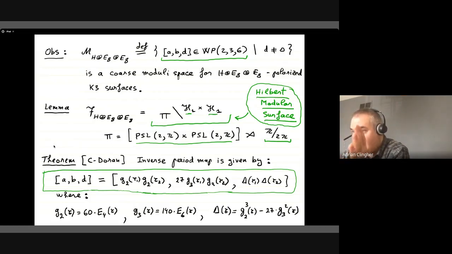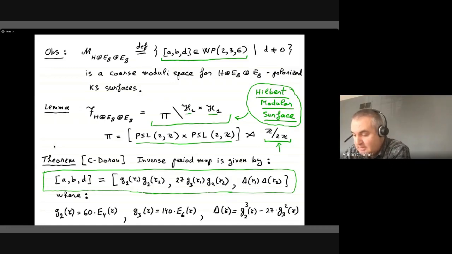So if I have two elliptic curve periods, tau 1 and tau 2, one in the first upper half space, the other in the second upper half space, then the element of order 2 here switches the order of the two, tau 1 and tau 2.